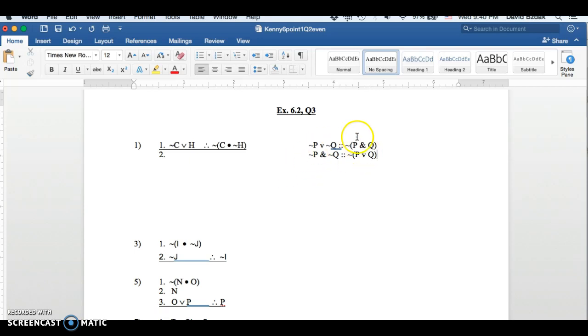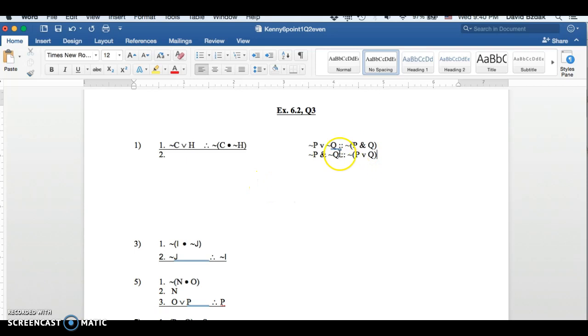So you can see the pattern here, I hope. First of all, notice the disjunction changes to conjunction, or the conjunction to disjunction. And the negation, if you think of this in math terms, gets sort of factored out. In other words, it gets taken off of each of the individual sentences, and the operator changes from conjunction to disjunction or vice versa.